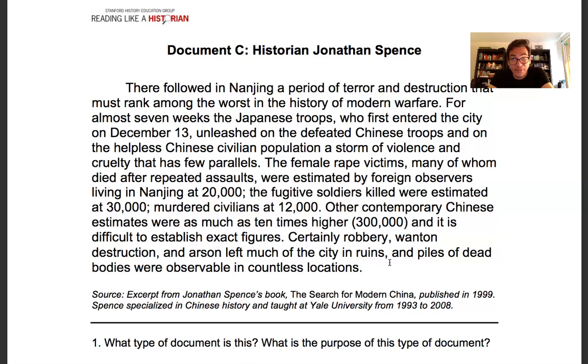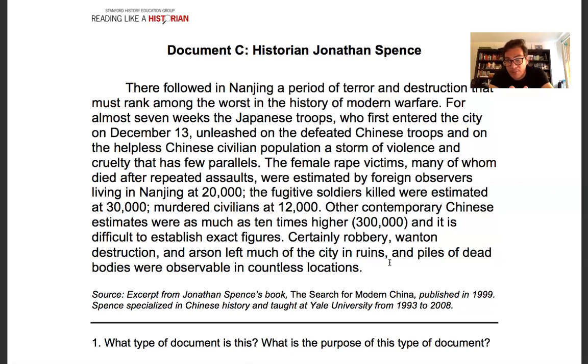That's a lot. If we were in physical class, this is the part of the presentation where I'd pull up images of what Jonathan Spence is writing about. Obviously not anything too graphic, but it would give you a sense. It is the sort of imagery that you would expect to see from the Nazis, right? My students are always very surprised when they see that Japan was also committing terrible things in Asia and the Pacific.